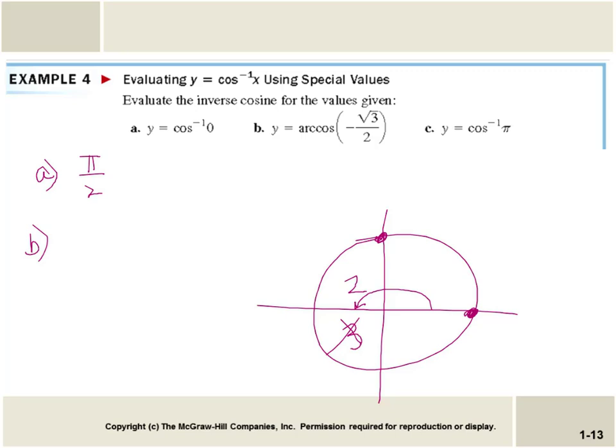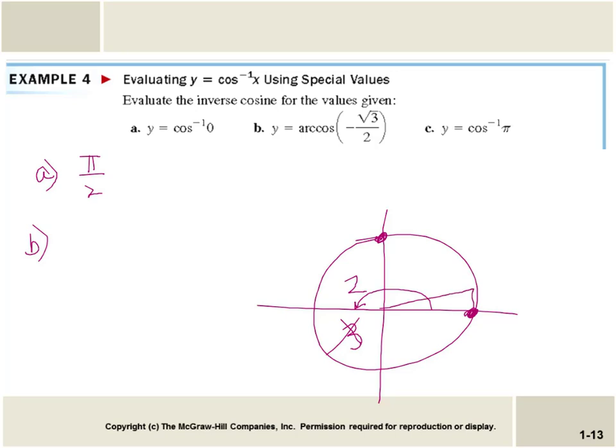So do you understand why it's not in quadrant 3? Okay, good. So we know it's in quadrant 2. So what is the reference angle for cosine equals square root of 3 over 2? Do you remember? This part you guys really need to have down, the reference angles. Pi over 6, perfect.